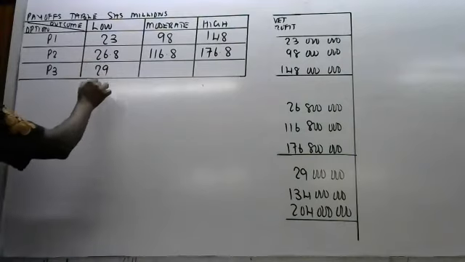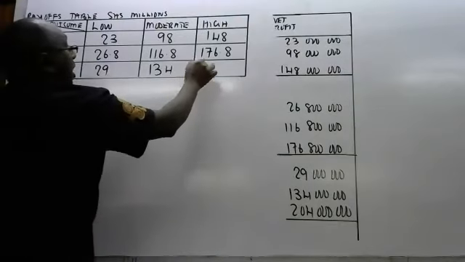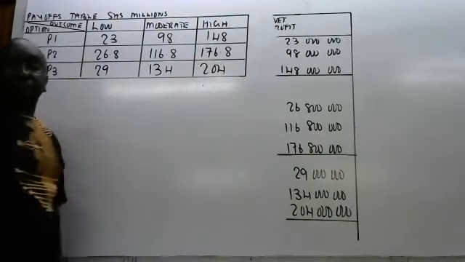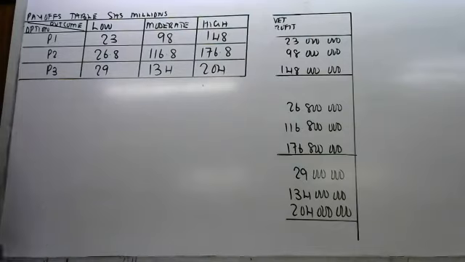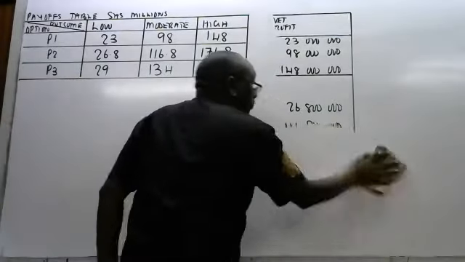This is 29, this is 134, and that is 204. So that is the payoff table.